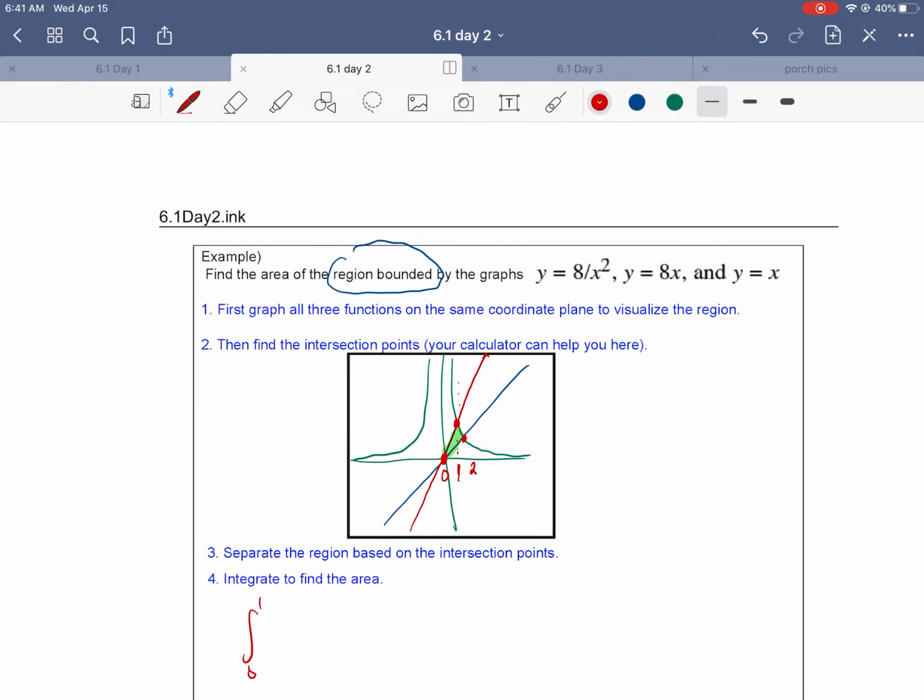From 0 to 1, red 8x minus blue x dx, plus 1 to 2, green over blue, so 8 over x squared minus x dx.